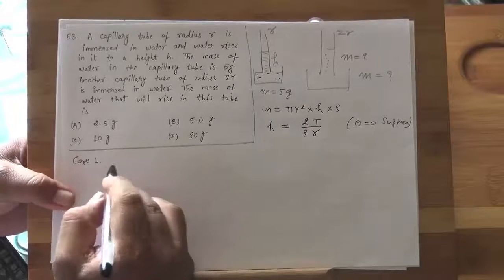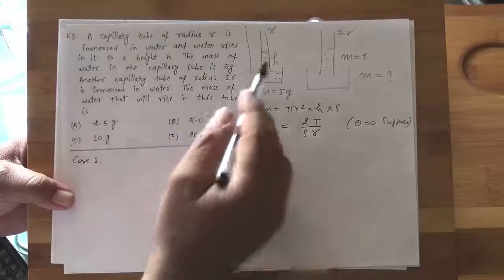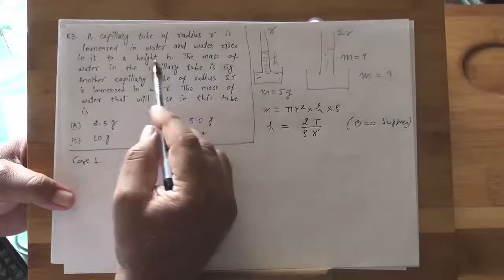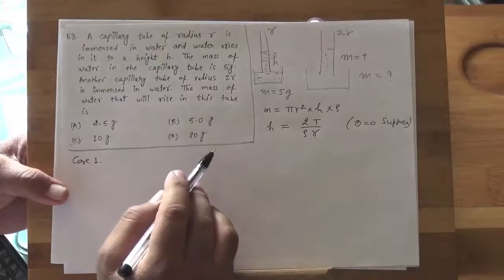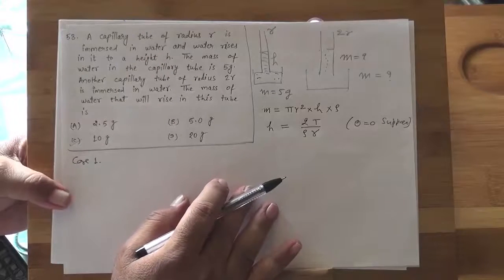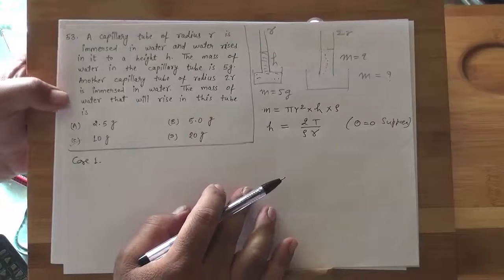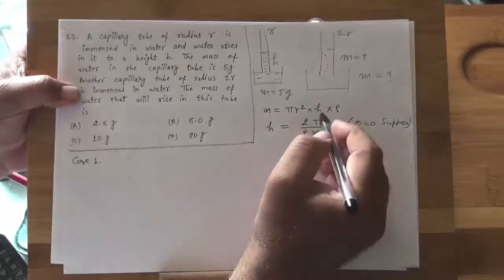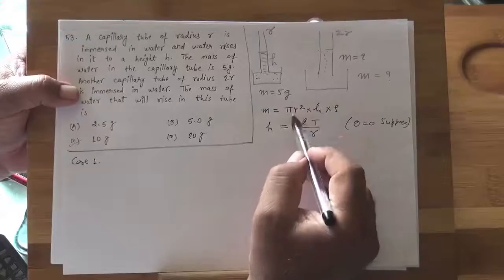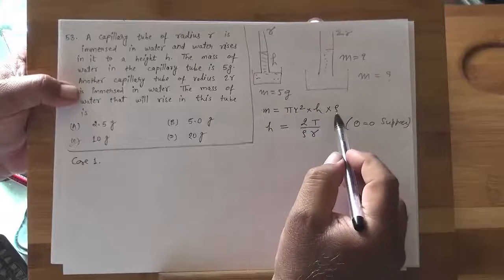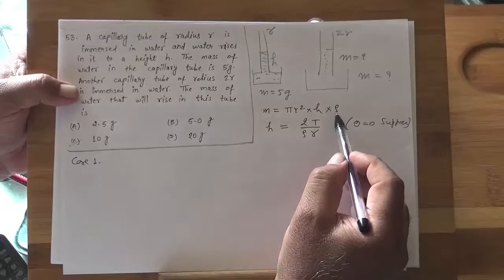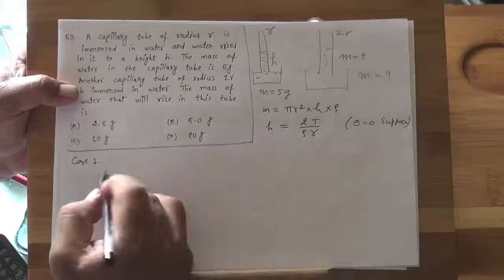Case 1, height h is given to us, r is given to us. Then what should be the mass? h is given to us, r is given to us, rho of the water we know very well. So this is mass in capillary 1.